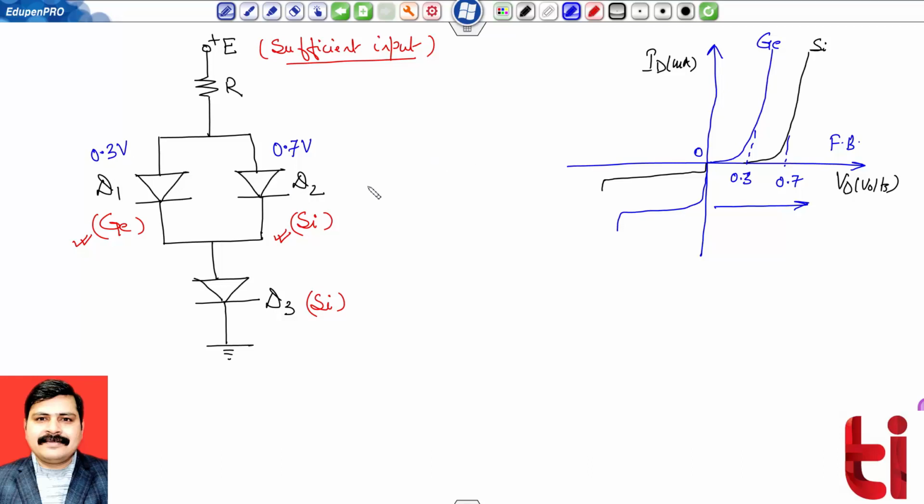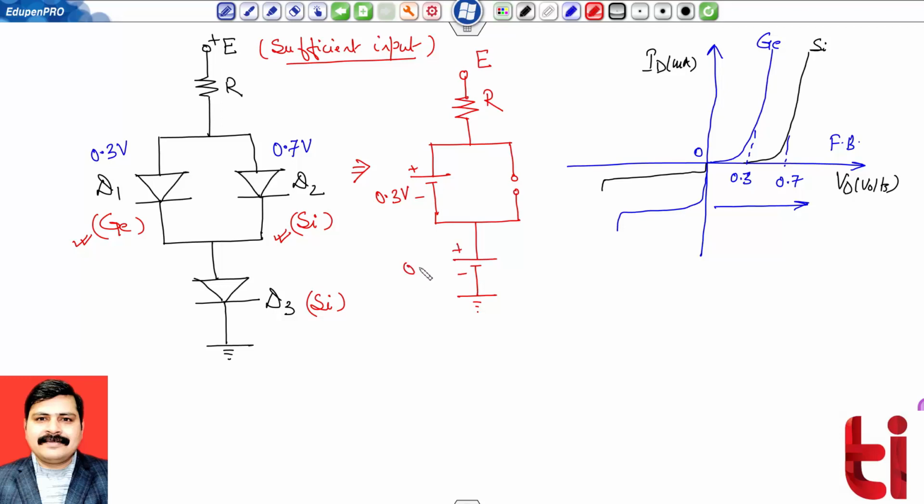That means the equivalent circuit is like this. The germanium diode will be replaced by a battery. However, the silicon branch will be open circuit. It will be forward bias because we have already assumed that sufficient input voltage was there. So this was R, it will be replaced by a battery of 0.3 volt.